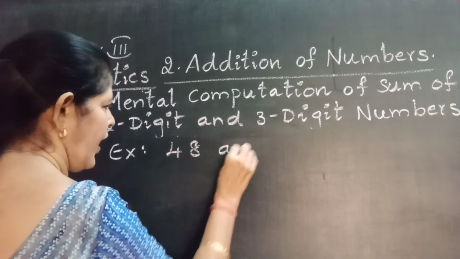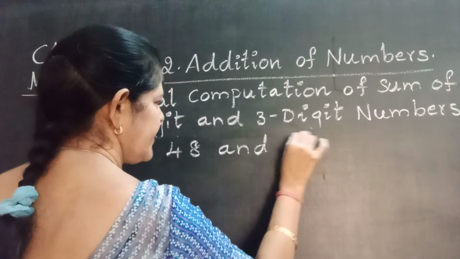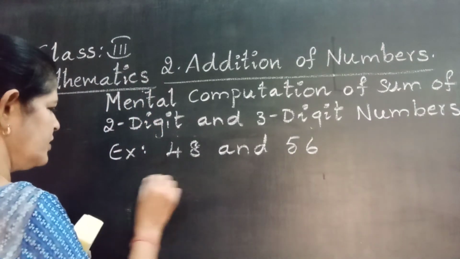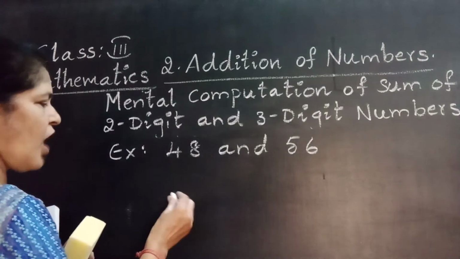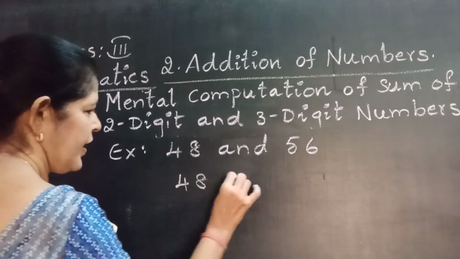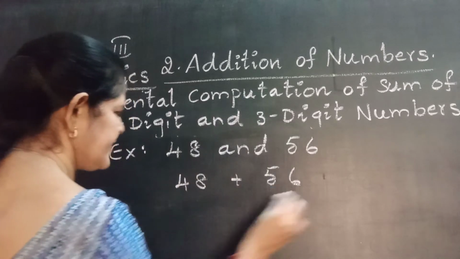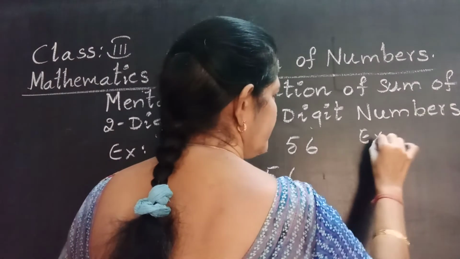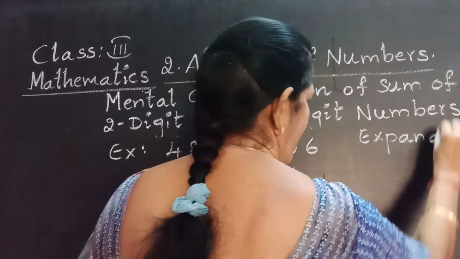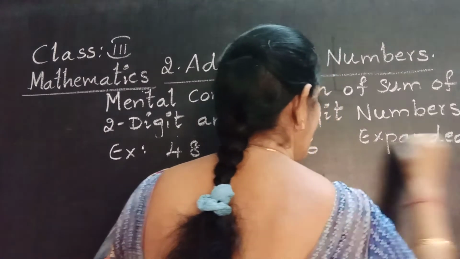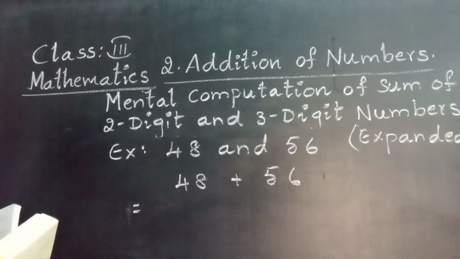Add 48 and 56. Solution means solve. First number is 48 plus second number is 56. First write the expanded form. A 2-digit number means that number having 2 places, tens place and ones place.